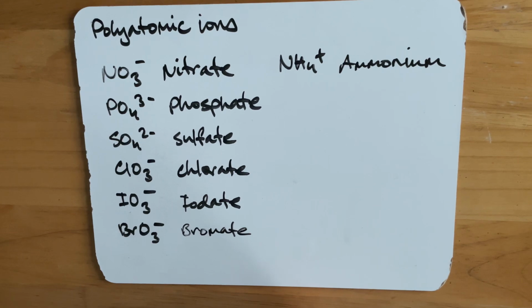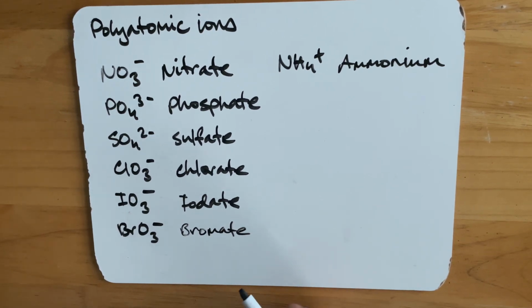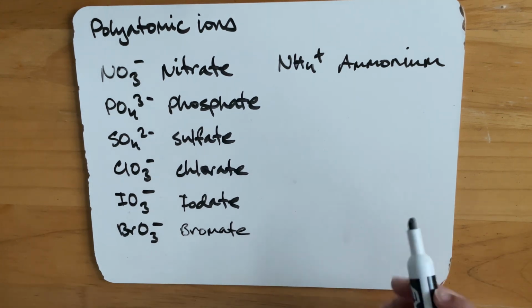So really, your best bet is to memorize the names of some of the common polyatomic ions. Ideally your teacher gives you a sheet of the polyatomic ions that will be used in the class. But these are some of the more common ones.